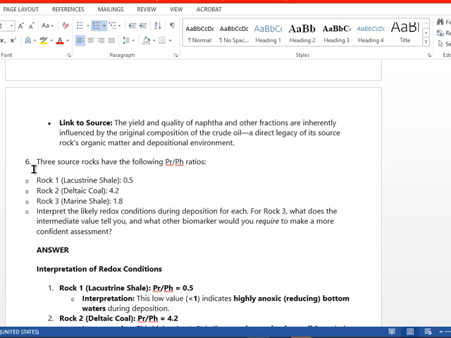The third question I'll be looking at is number 6. Three source rocks have the following Pr/Ph ratios: rock 1 is 0.5, rock 2 is 4.2, rock 3 is 1.8. Now we want to interpret this result.